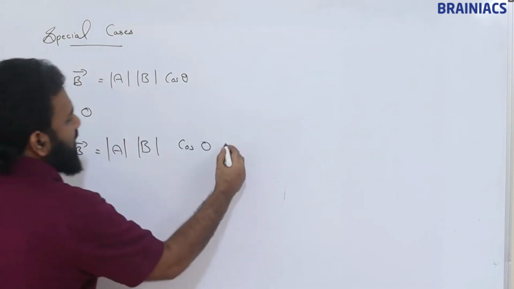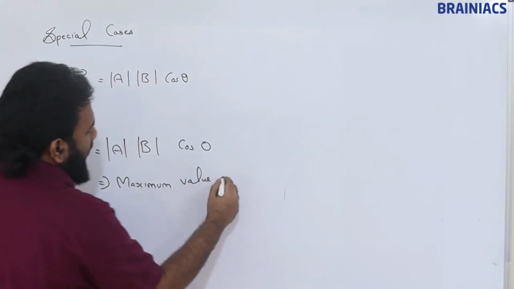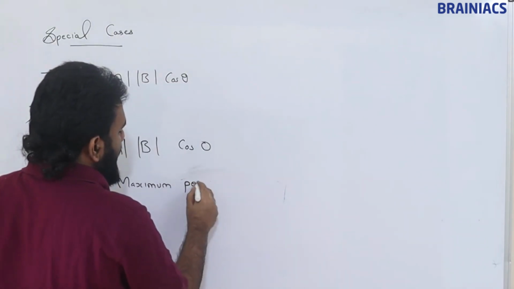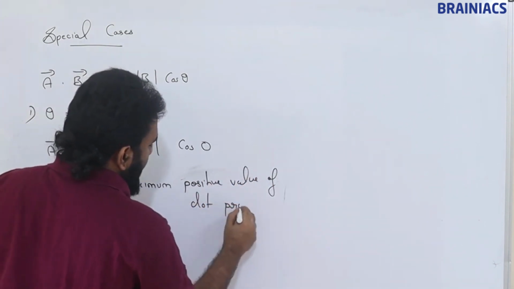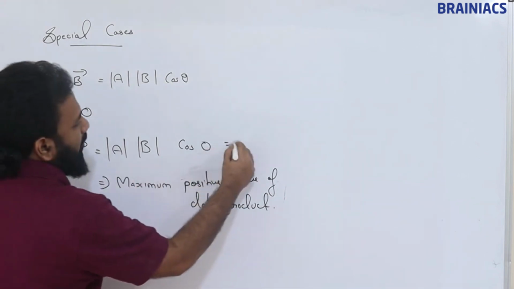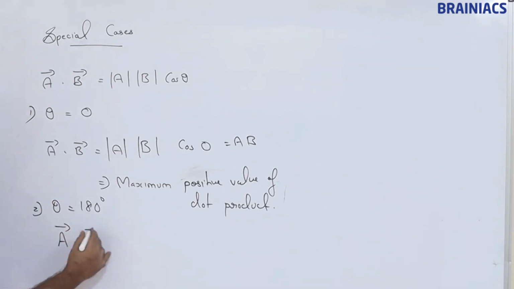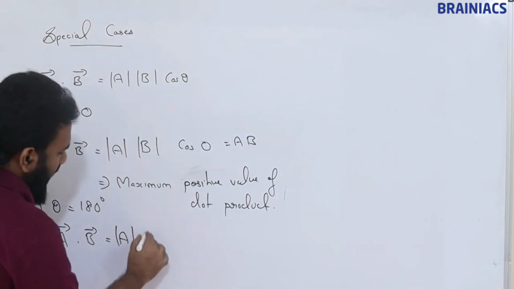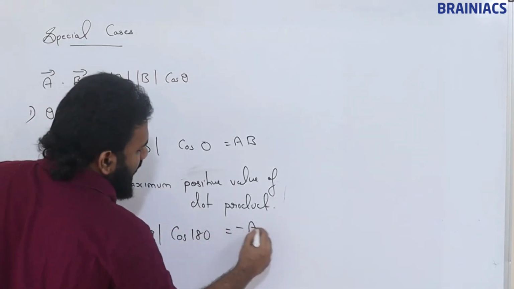So this is the maximum positive value of dot product. Clear? So its result is nothing but AB.